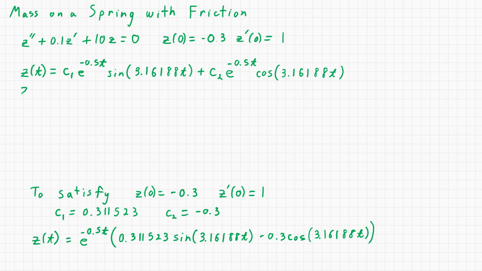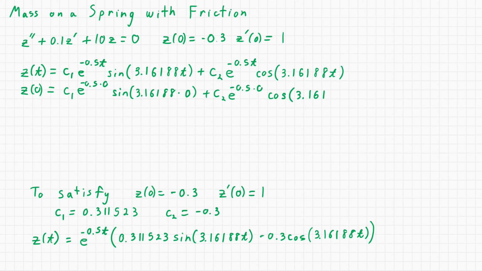So I have z at 0 has to equal, okay, well, it's c1 e to the negative 0.5 times 0 times sine of 3.16188 times 0 plus c2 e to the negative 0.5 times 0 times cosine of 3.16188 times 0. But that simplifies quite a lot. It was nice that the initial time is 0.